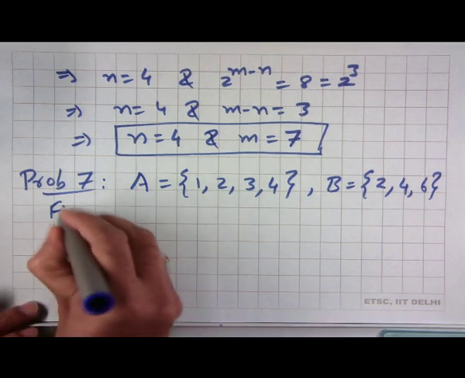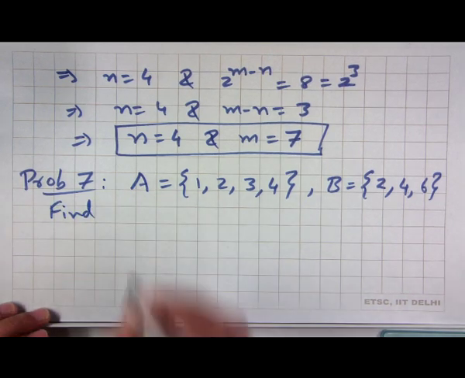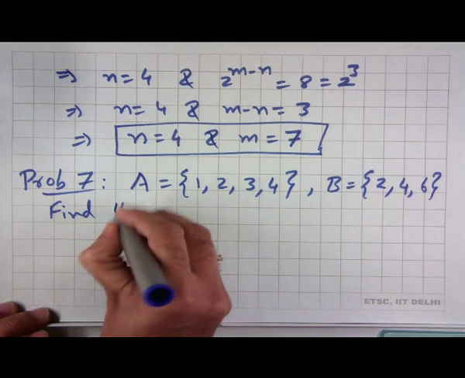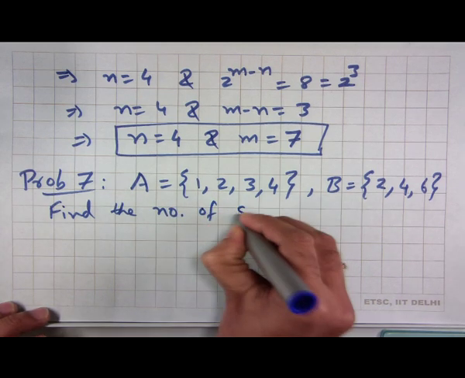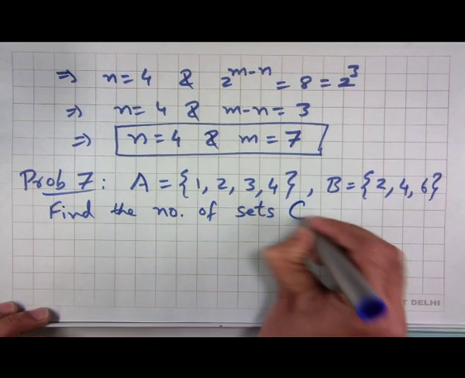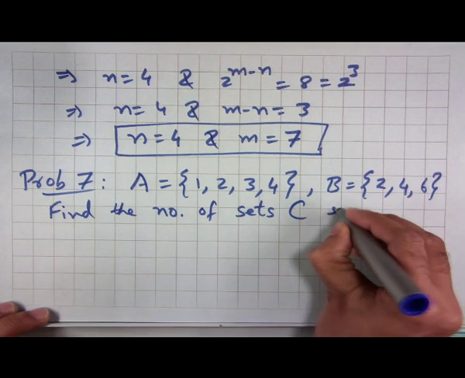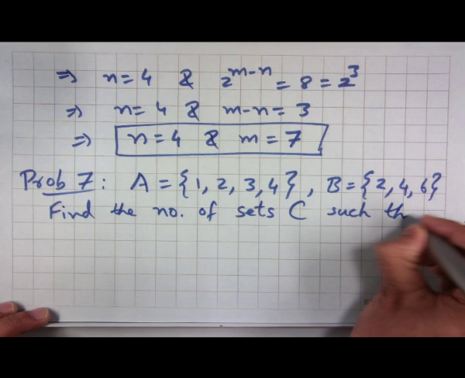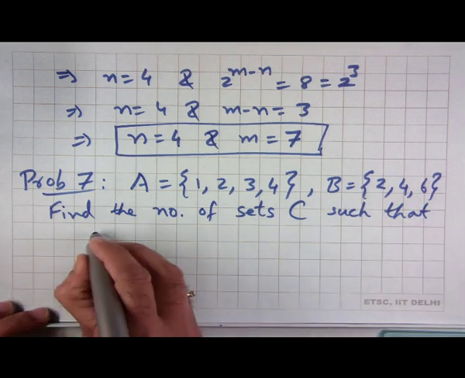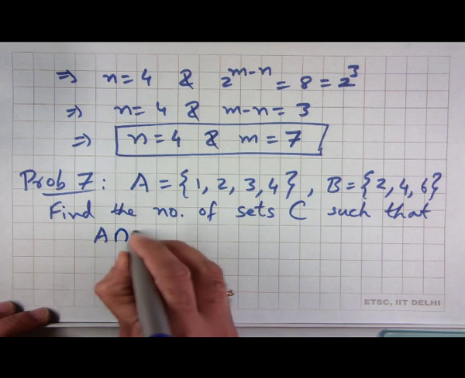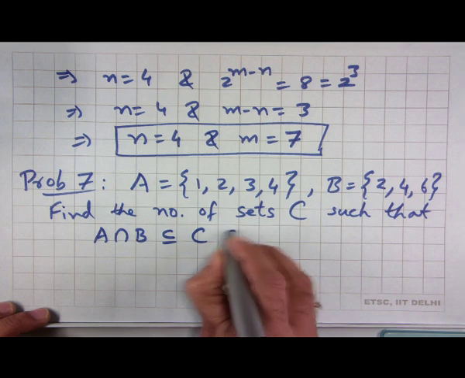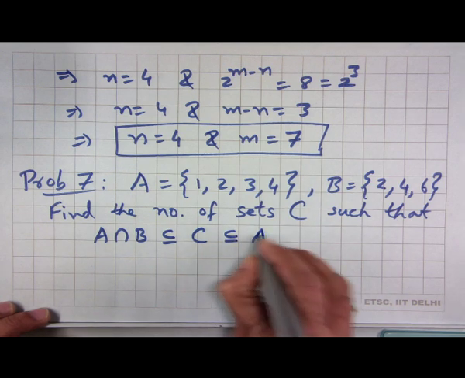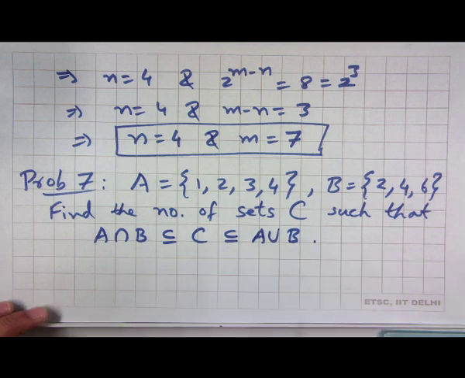Find the number of sets C such that A intersection B is a subset of C and C is a subset of A union B. Right.